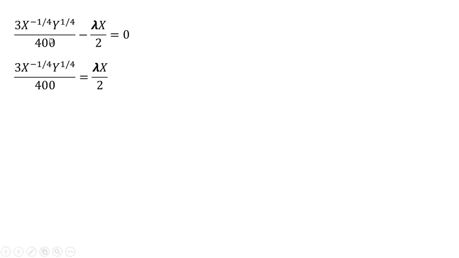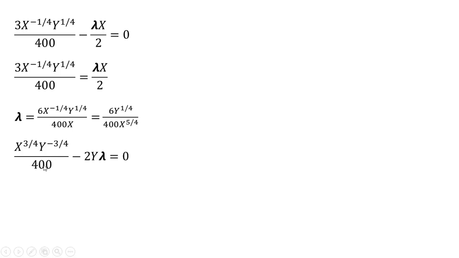Taking our first partial derivative, I'm going to solve that for lambda, moving this term over to the right-hand side. We get this result right here, using the rules of exponents to combine these x terms. And then that second partial derivative that we saw on the previous slide, we're going to solve that for lambda as well.